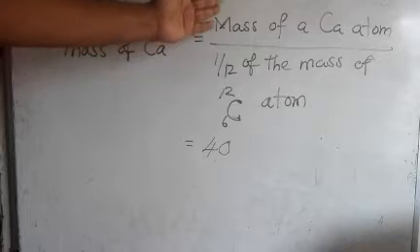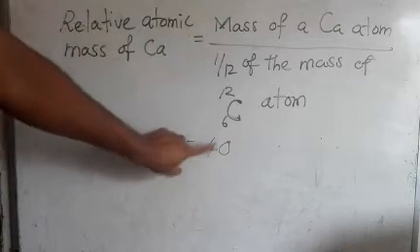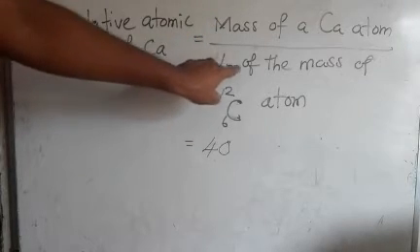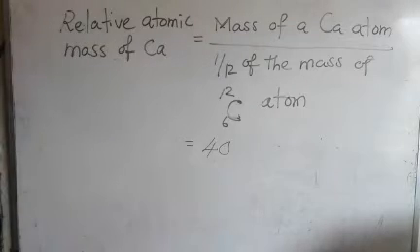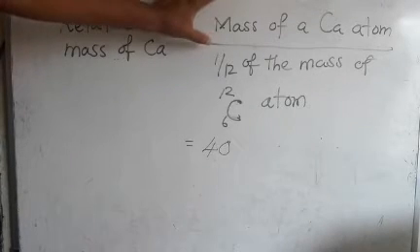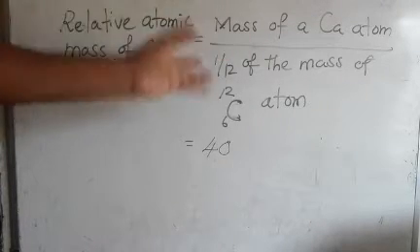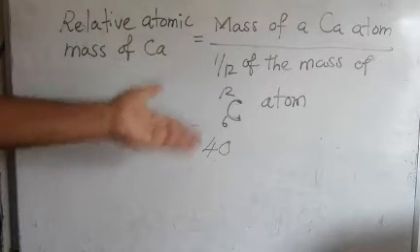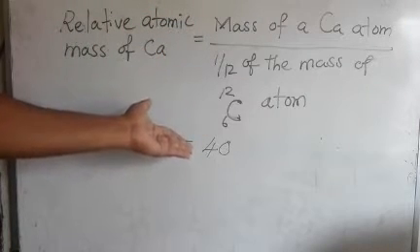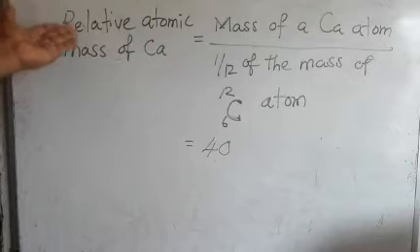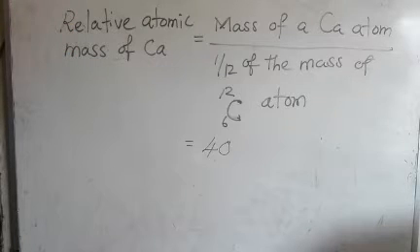The mass of a calcium atom is 40 times 1/12 of the mass of a carbon 12 atom. The mass of a calcium atom, when compared with the unit we selected, is 40 times. So we say the relative atomic mass of calcium is 40.